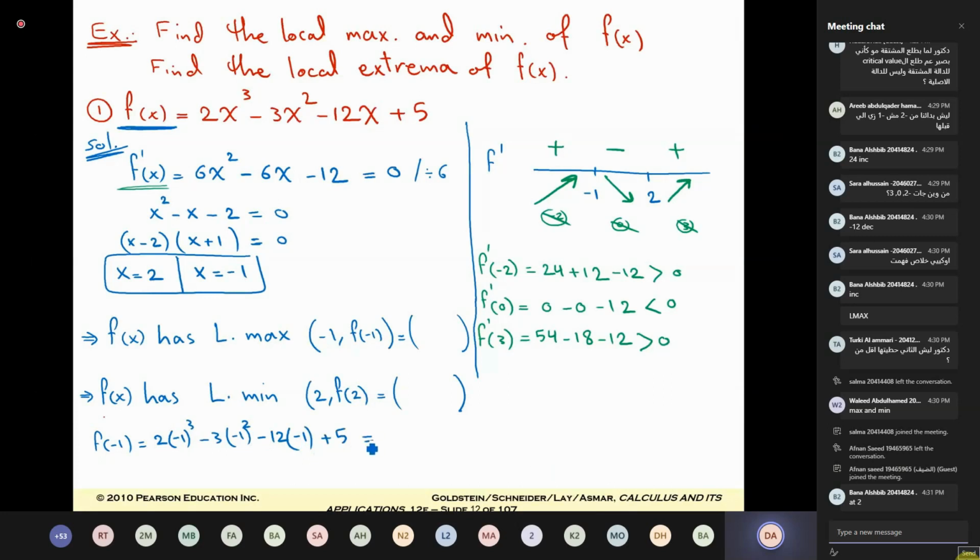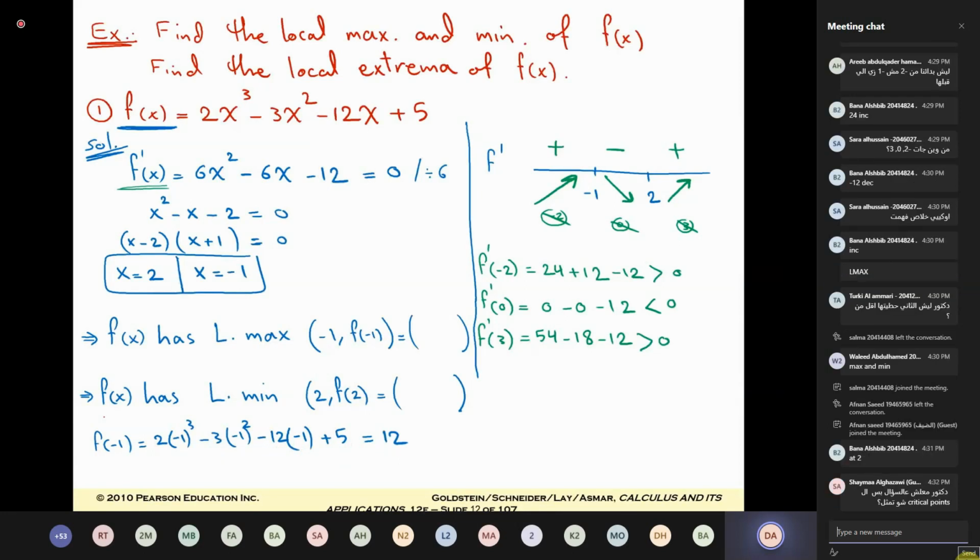So we have -1, -3, plus 12, plus 5. We have 13.